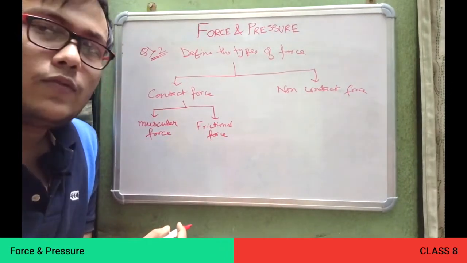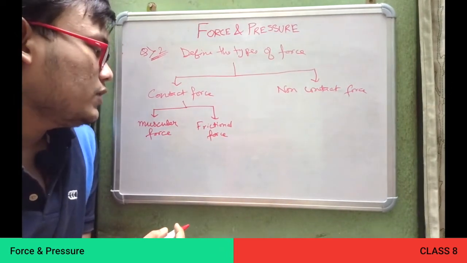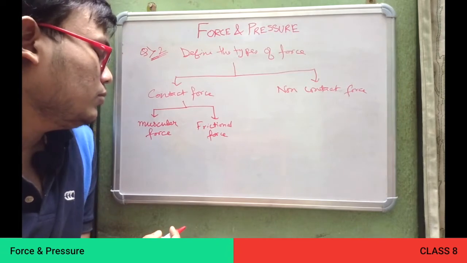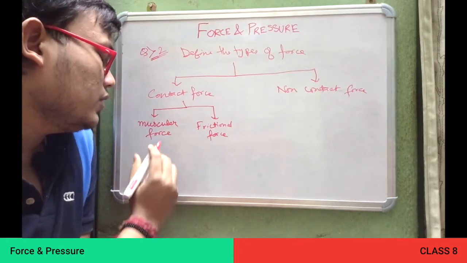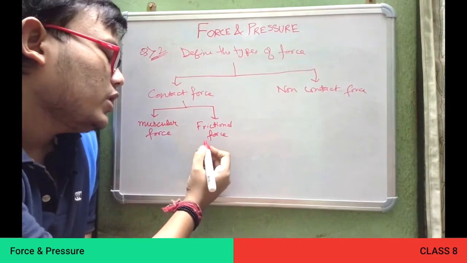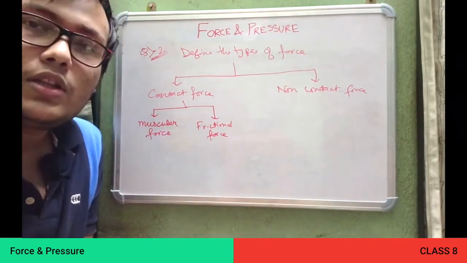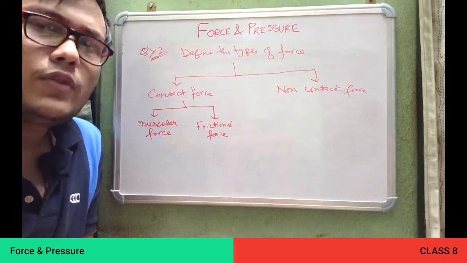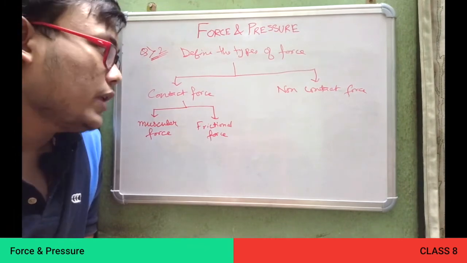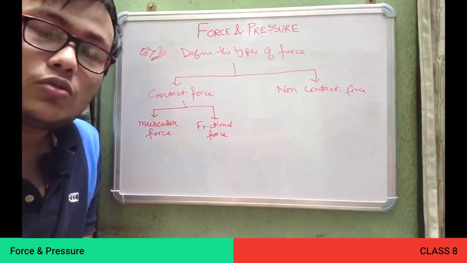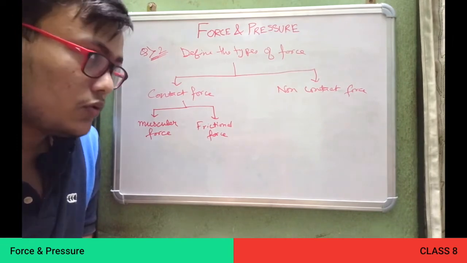The muscular force is the force which takes place due to the muscles. Pulling a bucket of water is an example of muscular force. Frictional force comes into play when there is relative motion between two objects which are in contact, and always acts in the direction opposite to the direction of application of force.